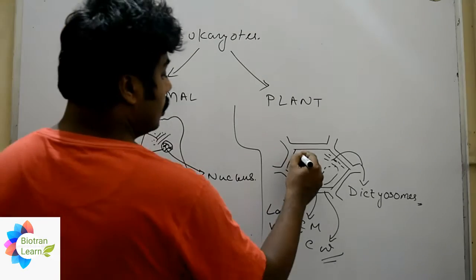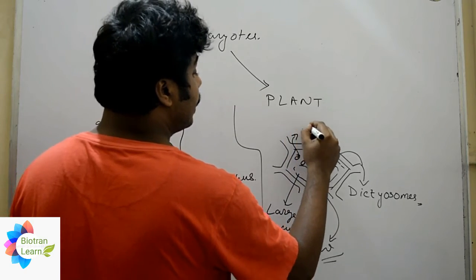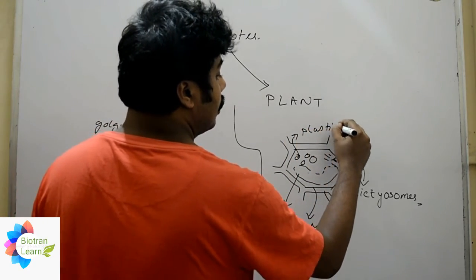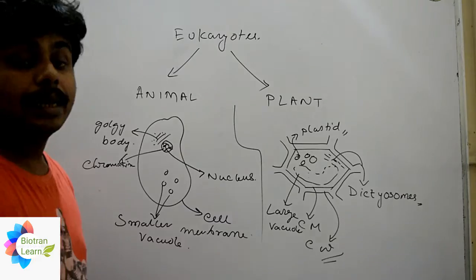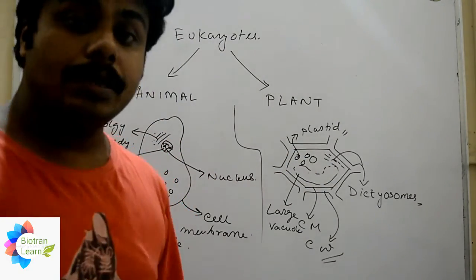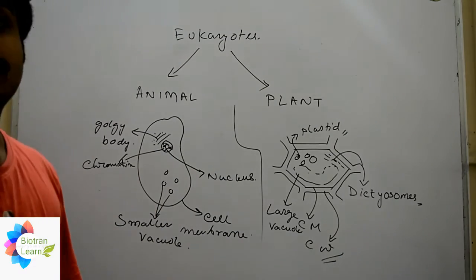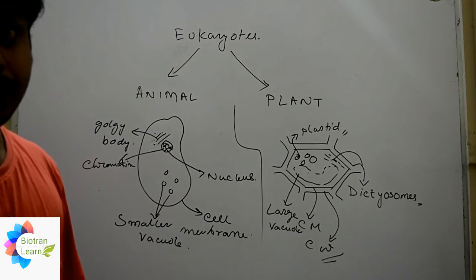Now, plant cells will have plastids. As we know, plants can prepare their own food, that's why they have their own plastids. But here, no plastid will be present, right?